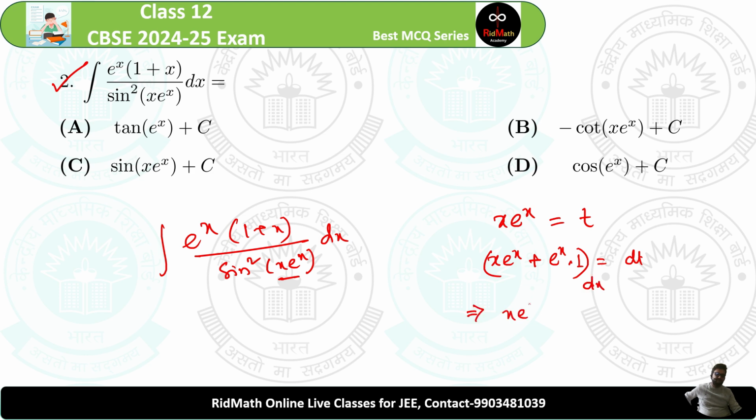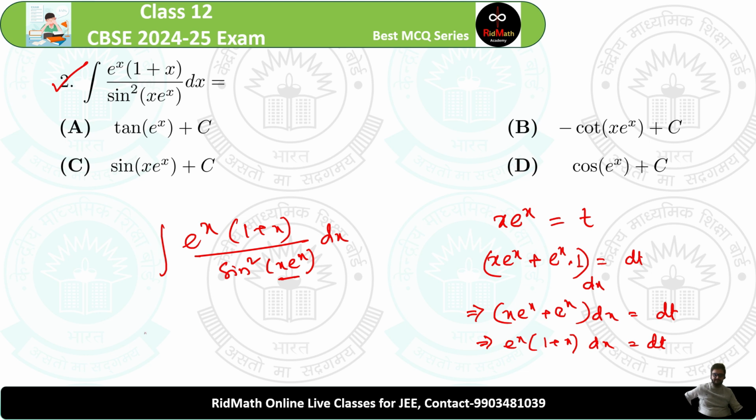So (x e to the power x plus e to the power x) into dx equal to dt. That means taking e to the power x common, e to the power x (1 plus x) dx equal to dt.